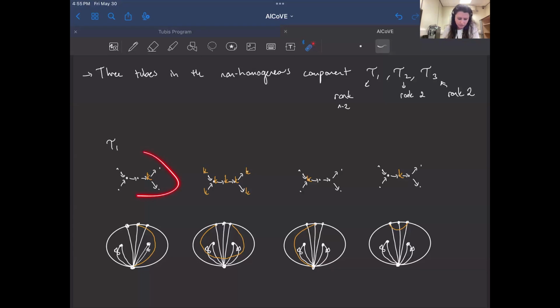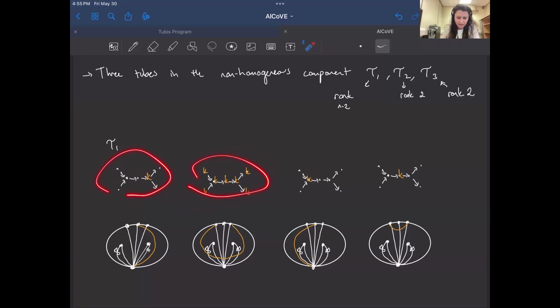The representations look very simple. I will have a one-dimensional vector space here, and if I don't put anything, that means 0.